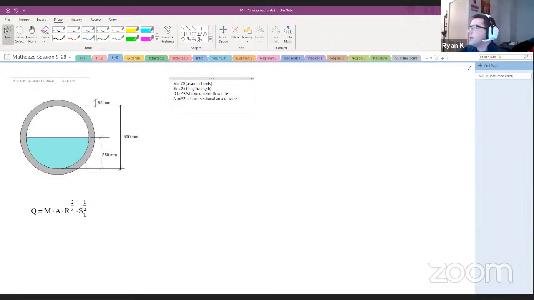R, it looks like it's a subset of something else. It's a different equation. R is equal to A divided by P. A is the same thing as above. P is going to be the wetted perimeter. Yeah, it's just the wet perimeter. Only water touching pipe.